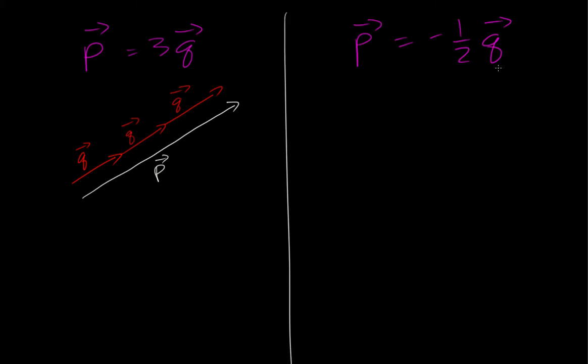So if we start with Q, and then we first flip it around because of the negative sign, so this would be negative Q. And then if we cut that in half, so imagine that's the midpoint, and then we draw a vector that just goes to that midpoint in that same direction, that would be P. Once again, this is half as long as this.